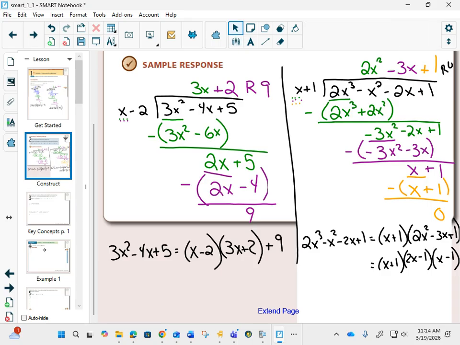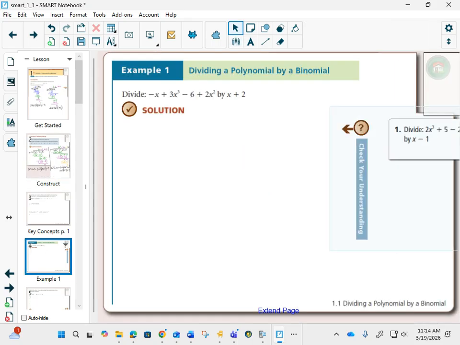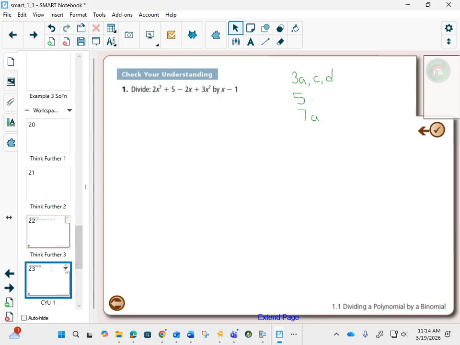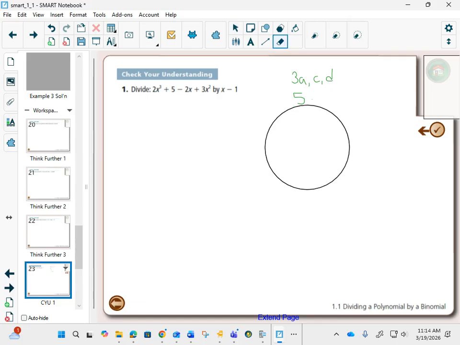Let's just start off with just practicing our long division techniques. And for our long division techniques, there are a couple of protocols that we have to follow.